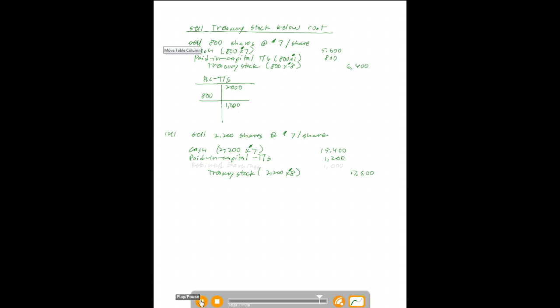So our total loss on this was 2,200 because we bought it at 8 and sold it at 7. So we lost $1 per share. But we could only take a loss of 1,200 out of the paid-in capital. The rest of it is going to come out of retained earnings.